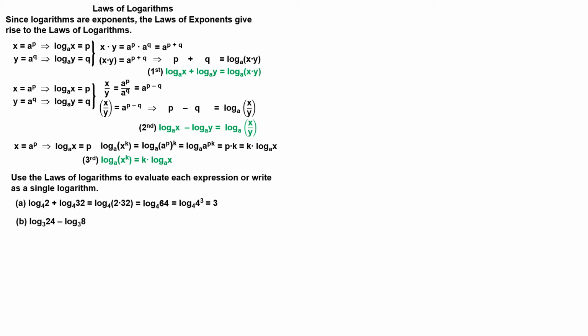We can see the difference of the logarithms, so we apply the second law. Replace x with 24 and replace y by 8. We divide 24 by 8, and we use the property. The answer is 1.